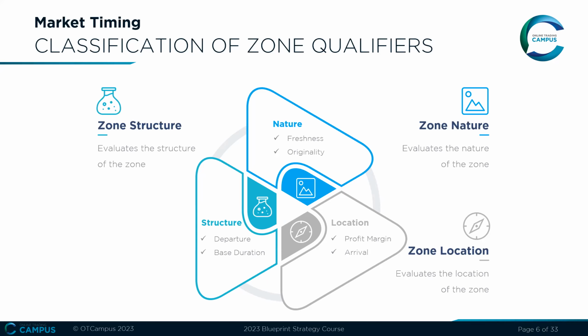There will not be a single rule that I can tell you that will overrule everything else. What we're looking at is a complex market, an imperfect market, and there's not going to be one single rule where I say, oh, now I've looked at departure and the departure is not quality, so I'm going to throw out the entire analysis that I've done. That's not how it should work.